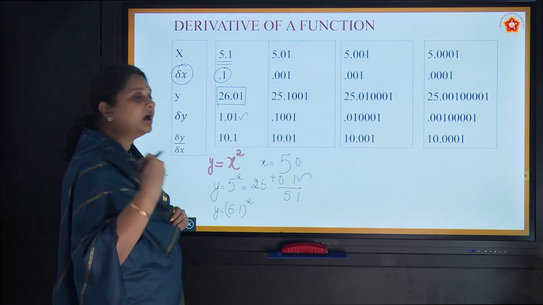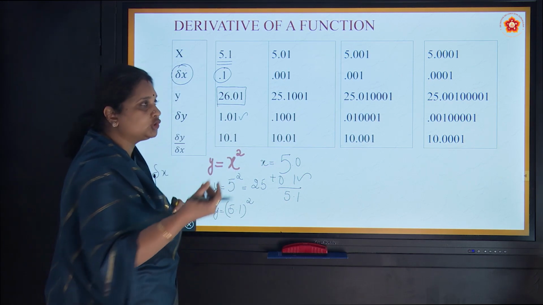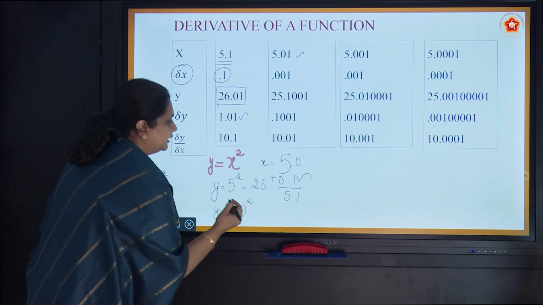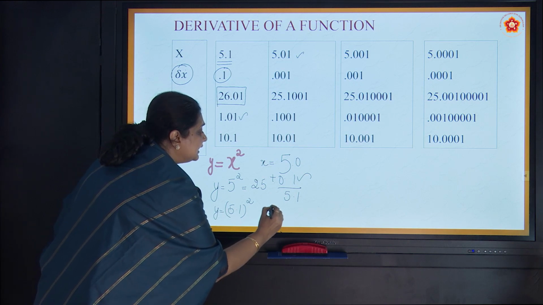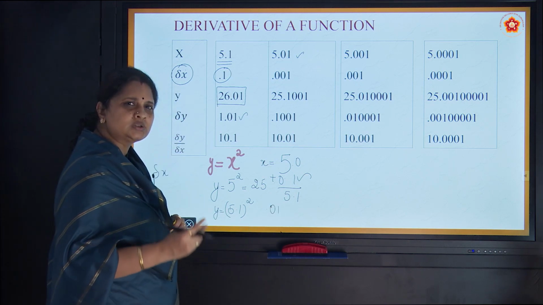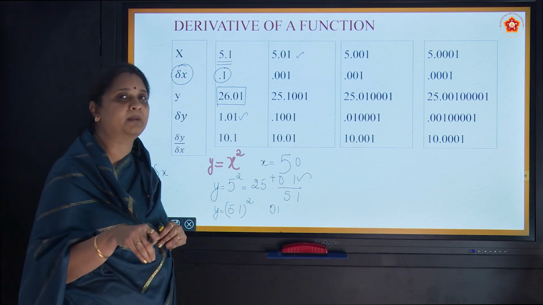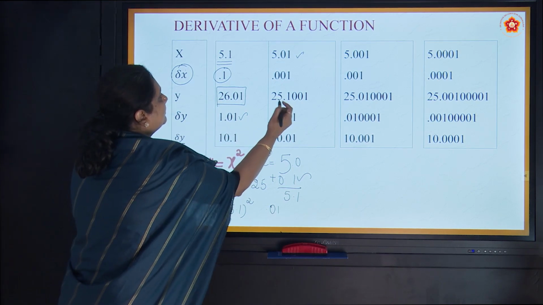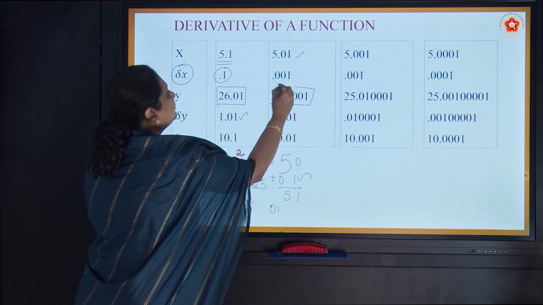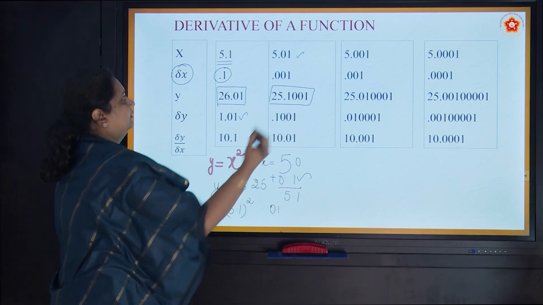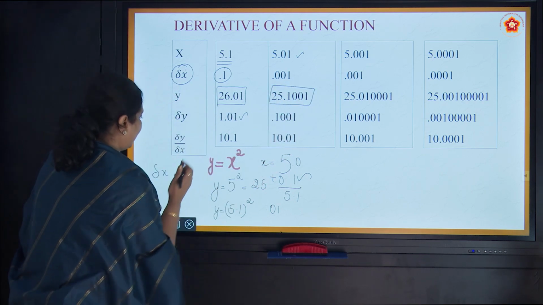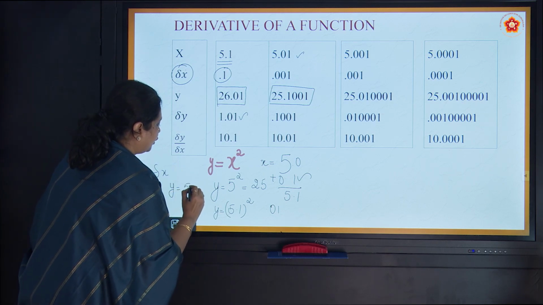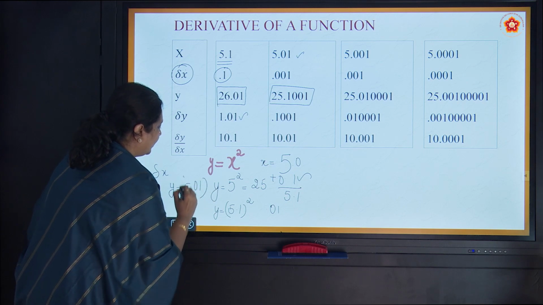Now let me make a bit of change. I'm making it 5.01. So to my original value, I'm just adding 0.01 and not 0.1. So the increment is even more minute, even smaller. What happens to my y? My y is basically 5.01 the whole square.